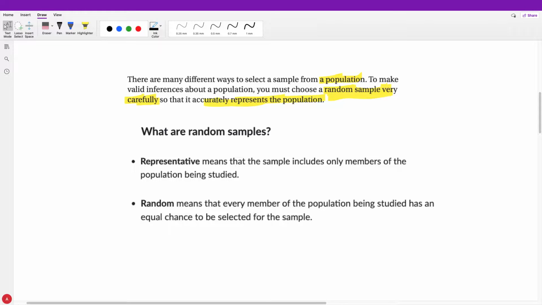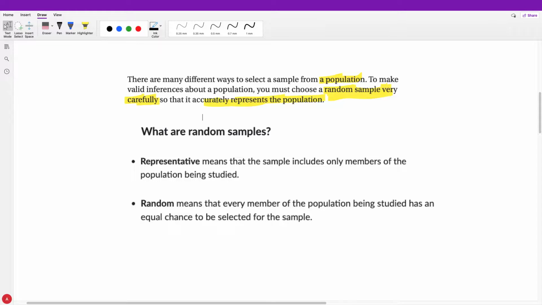I'm choosing people that I think are going to help my cause or help what I'm trying to prove. So that's not random. If I wanted to get how people feel about math at AIS in general, I should be randomly picking people, and also randomly picking different grade levels, randomly picking females, males, trying to get a representation of what the population here is at AIS.